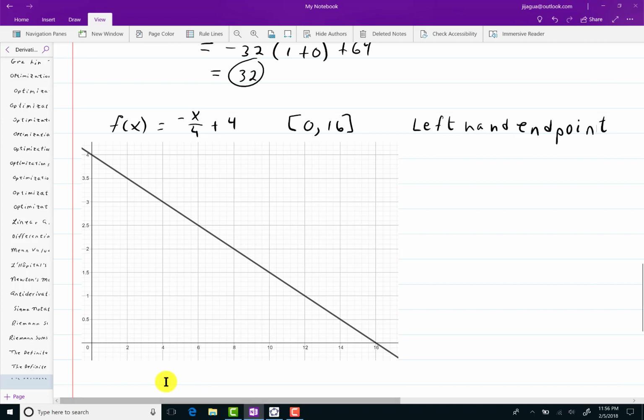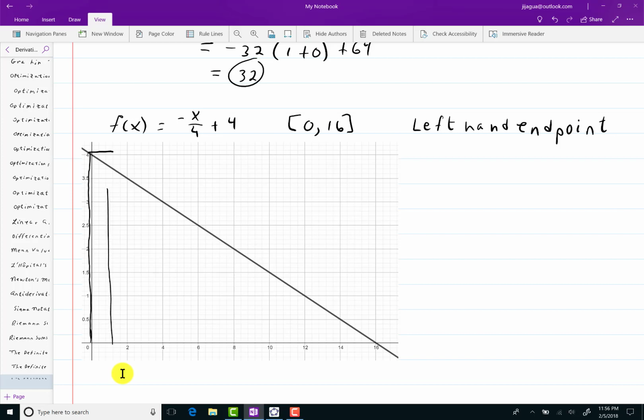Remember, left hand means that our starting position is 0 here. So I draw a vertical line and then I would move it to the right until I got to, say, the next one. And then you would look and see where that intersected the graph, and you would draw another one.